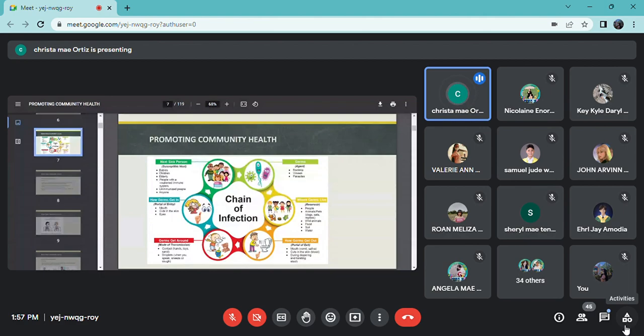So, ngayon, after ng portal of entry, ito na ngayon si susceptible host. Sino ba ang pwedeng dapuan ng sakit na ito? Sa mga susceptible host, meron tayong individuals na mas prone sila na makakakuha ng sakit na yun. It could be yung mga babies and mga children kasi hindi pa fully develop ang immune system nila.